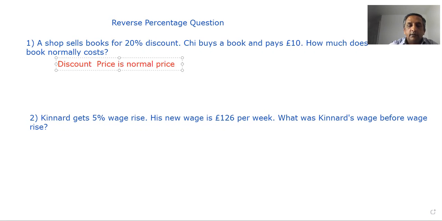So it is normal price less 20%, right? Less 20%, because this is the discount price.